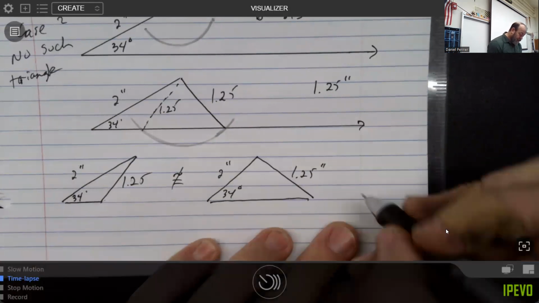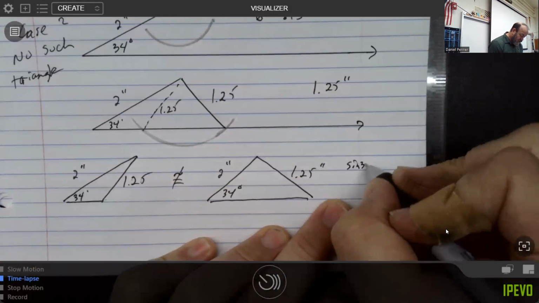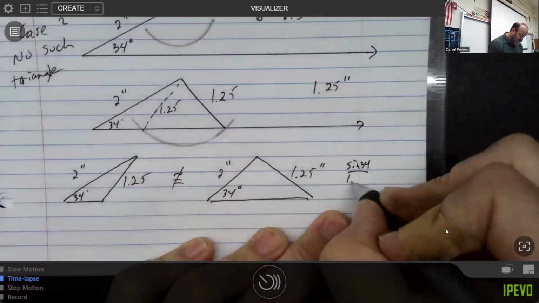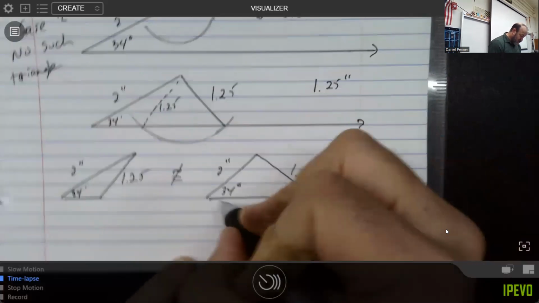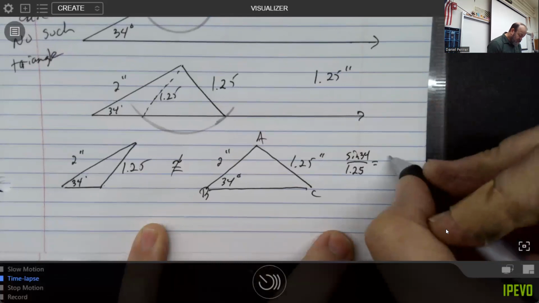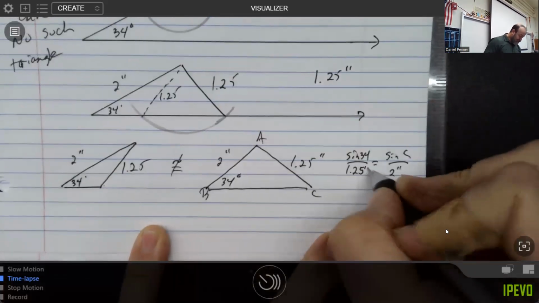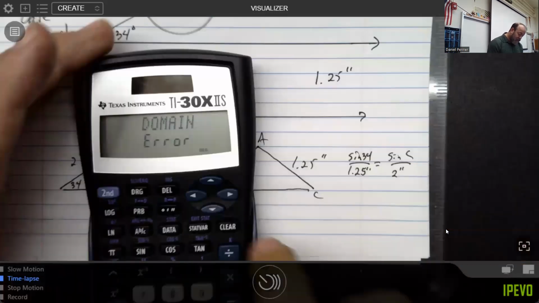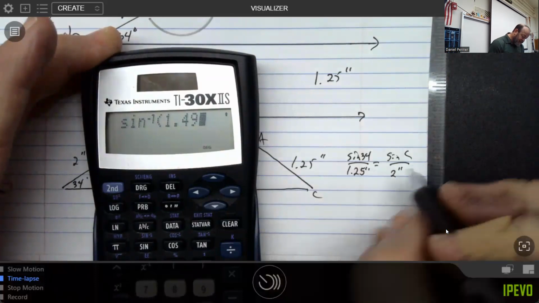Okay? So I'm going to solve the easier one first. That's the sine of 34 divided by the side that is across from it equals the sine of some angle C divided by the side that's across from it. I'm going to multiply both sides by 2, just like we've done on every other problem.